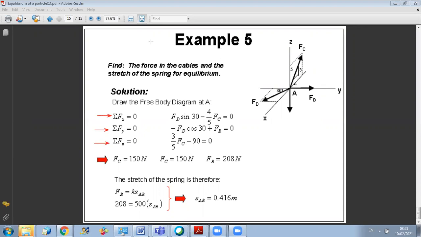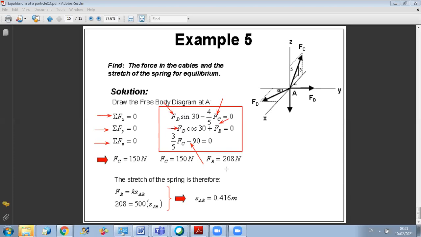This is a system of three equations with three unknowns, but you can solve it easily. No need for a calculator, because if we start with the third equation, you get FC. Then you replace FC in the first equation to get FD. And once you have FD, you plug it in the second equation to get the value of FB. So it's a simple system. We can get the three unknowns.